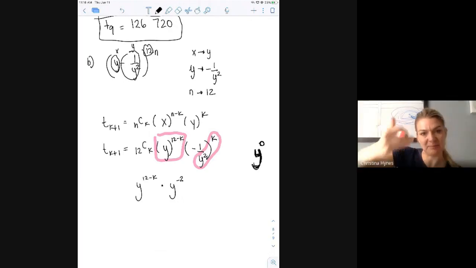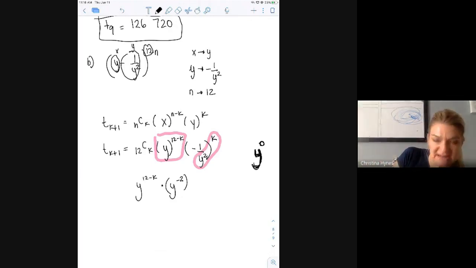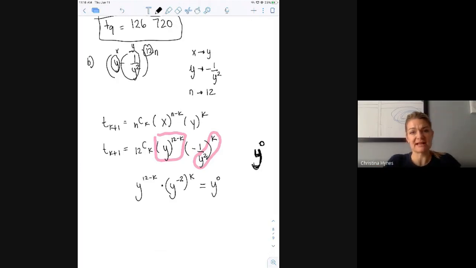Do you see how I'm flipping it? And it's becoming, instead of power of 2, it's becoming negative 2. So that's why it's on the same numerator level. And then we have this k power outside of the bracket. Okay. And so that's going to have to equal y to the 0 in the end. So that's my goal in part all of question 4. Okay.